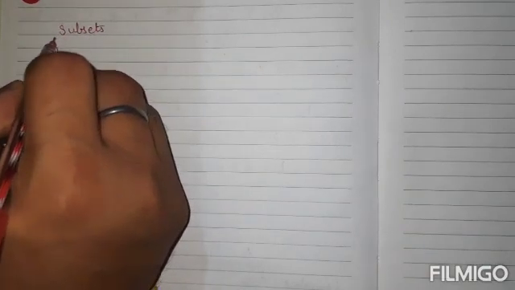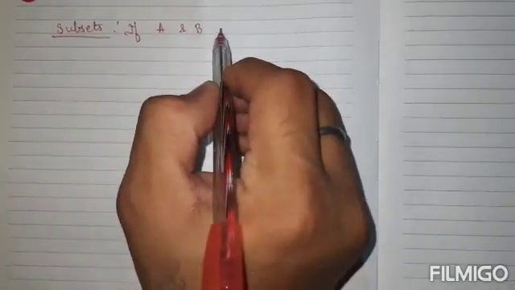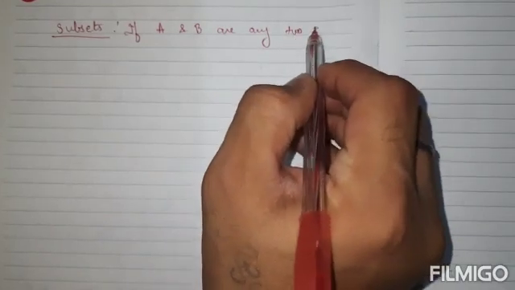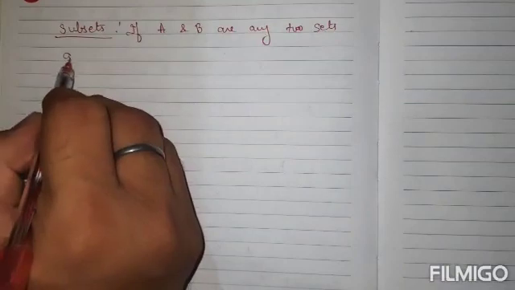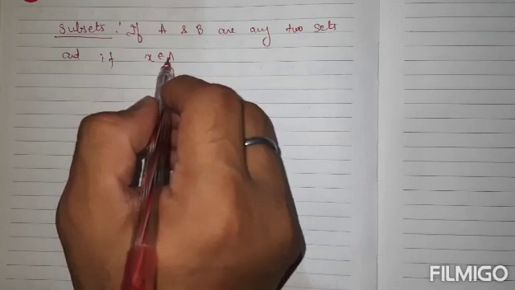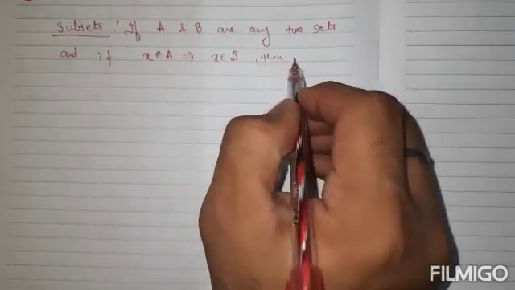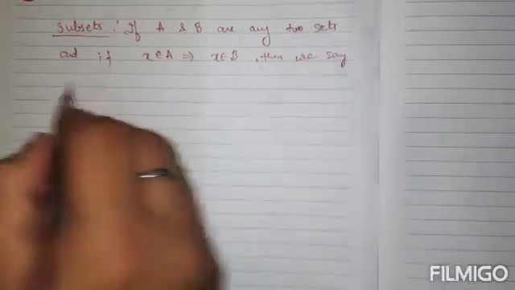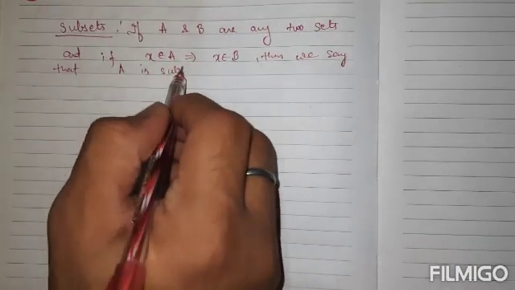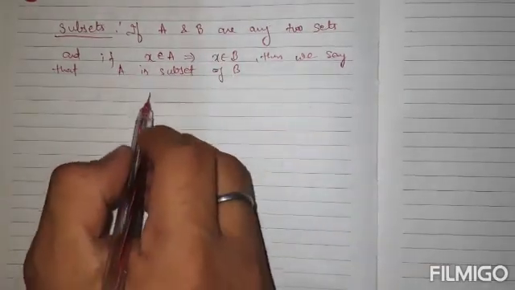See students, if A and B are any two sets, and suppose x is an element that belongs to A implies x belongs to B, then we say that A is a subset of B. Symbolically, this is written in this way.